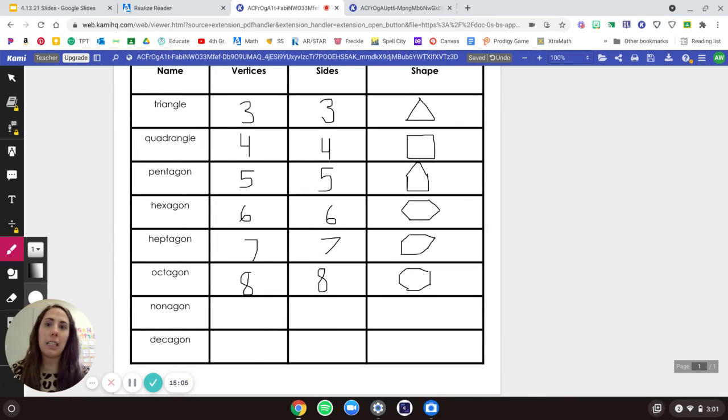What about a nonagon? 9 vertices, which means it needs 9 sides. All right, let's see how we're going to draw this one.